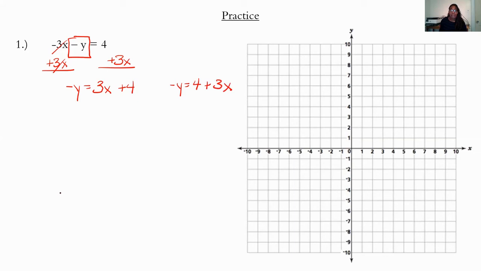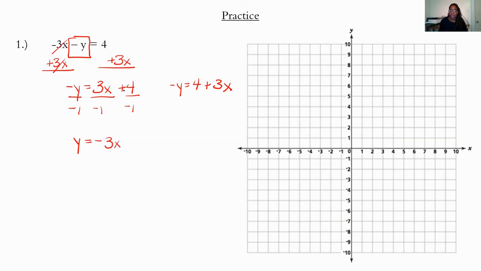But this time, I don't have y by itself. I still have a negative there. And what's assumed to be in front of that y is a 1. And in this case, it's a negative 1. So I need to divide everything by negative 1. So a negative divided by a negative gives me a positive, and 1 divided by 1 gives me 1y, or in this case, just y, equals positive divided by negative is a negative, so a negative 3x.